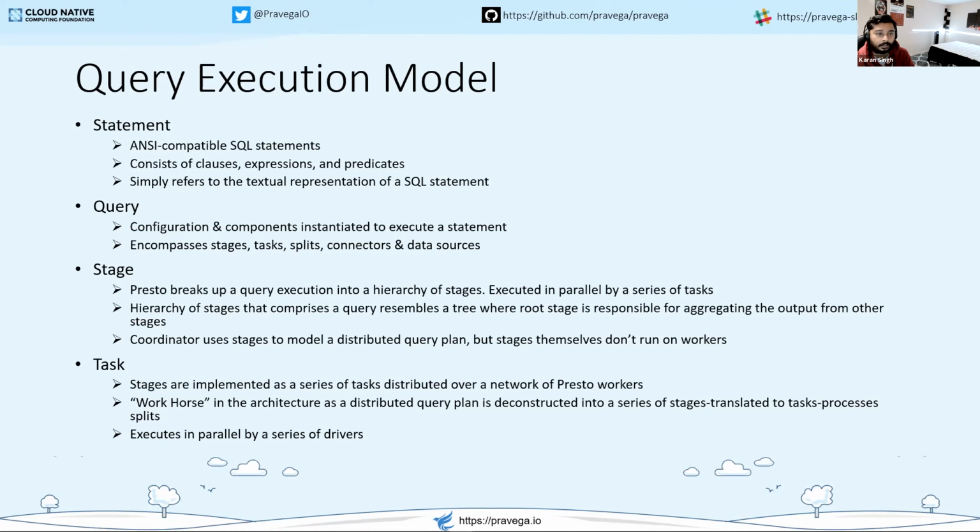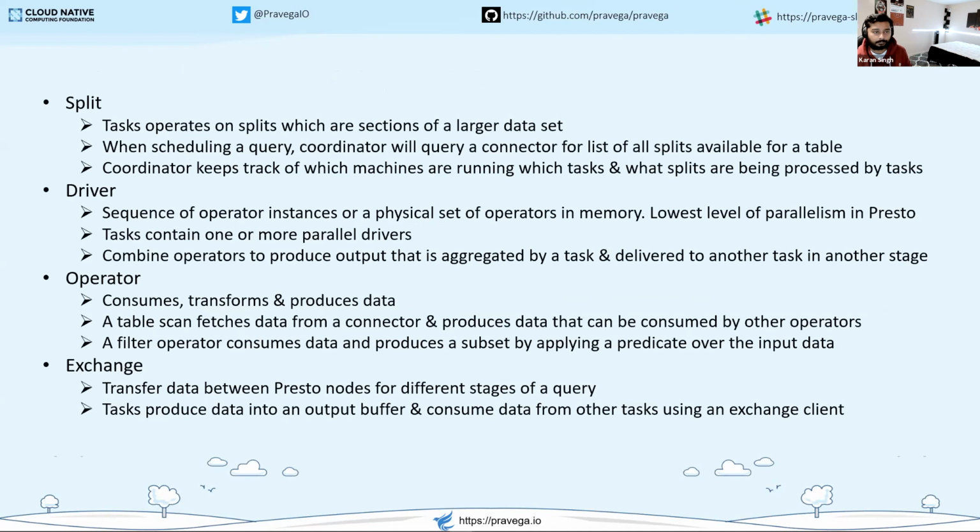So the next unit after task that comes into picture for Presto is drivers. Before talking about drivers, we'll talk about split. These splits are nothing but little parts of the data that we define. These splits are defined by every connector.